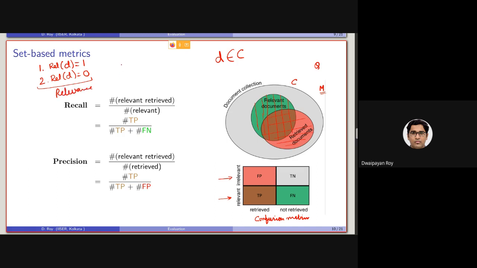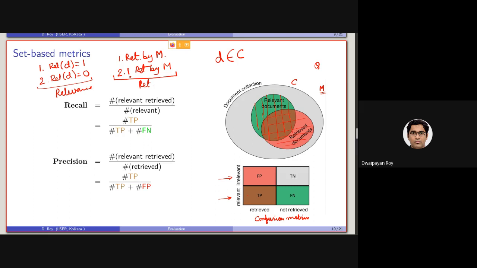And if I look at a document from the perspective of whether it is retrieved or not, again, it will be either retrieved by M or not retrieved by M. I'm just using the not operator here, the exclamation mark. So this is from the point of view of retrieval, whether retrieved by the system or not. So this is actually making the confusion matrix.